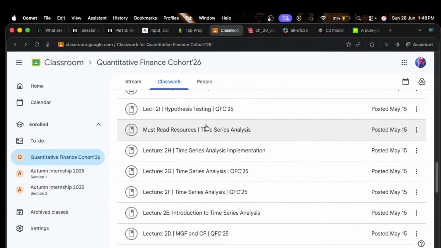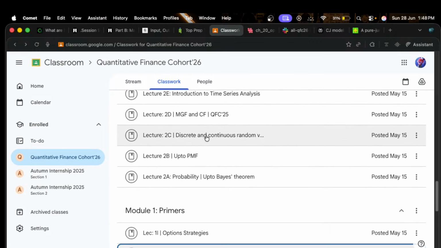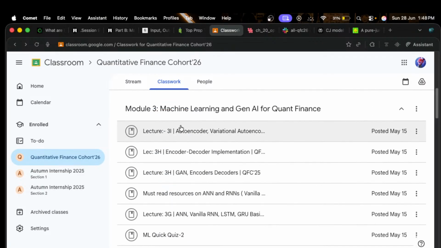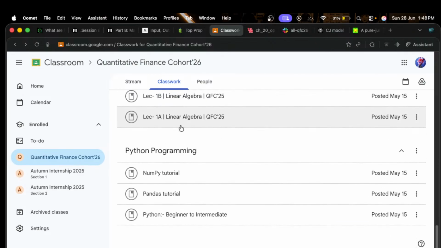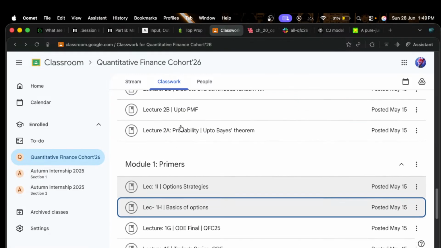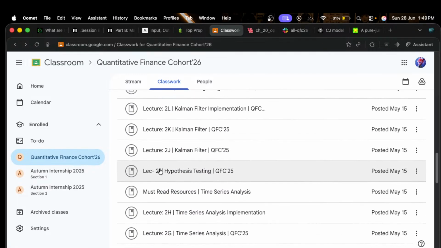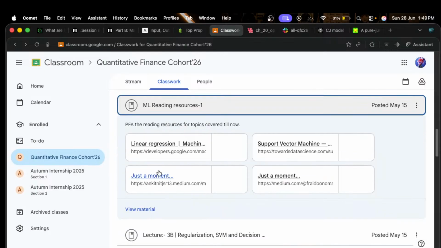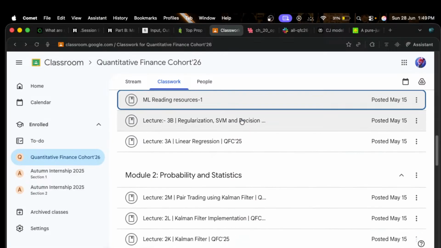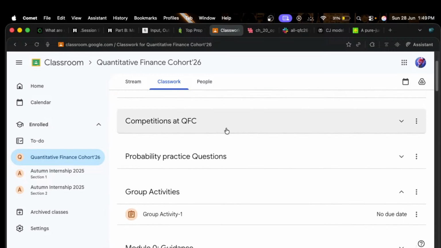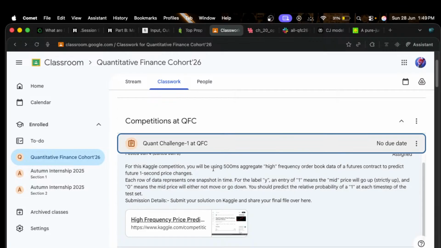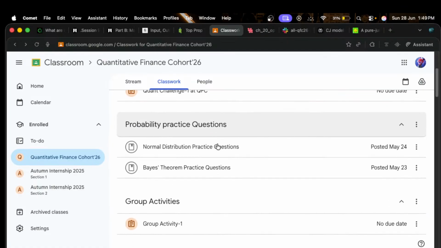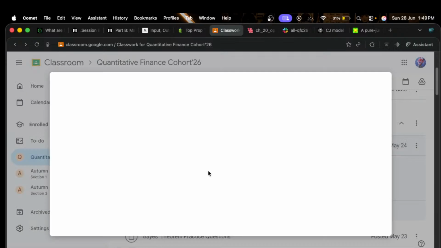And I believe, oh, there was somewhere normal distribution. I don't know where, but I saw something about normal distribution. Yeah, probably here only.